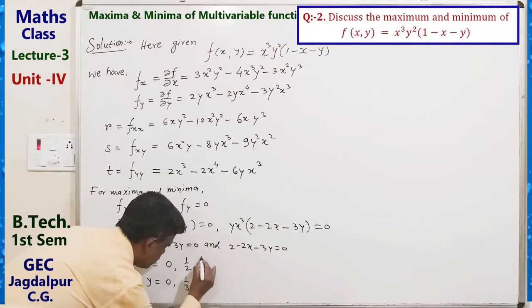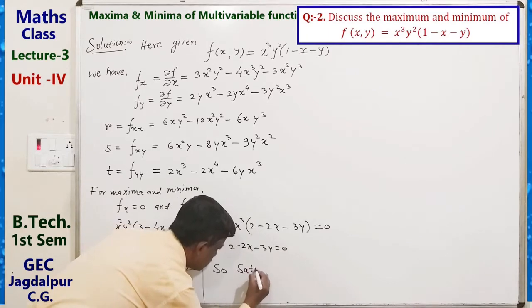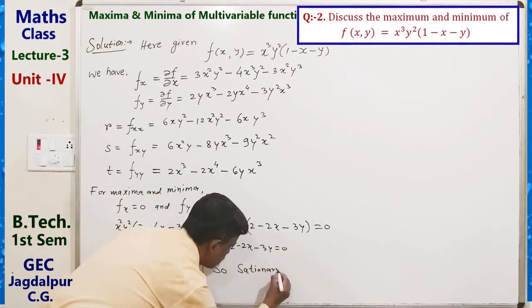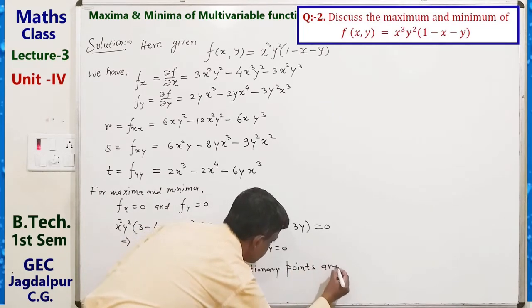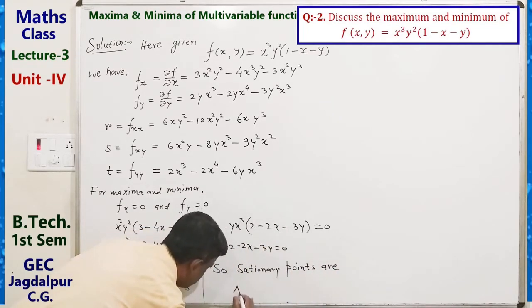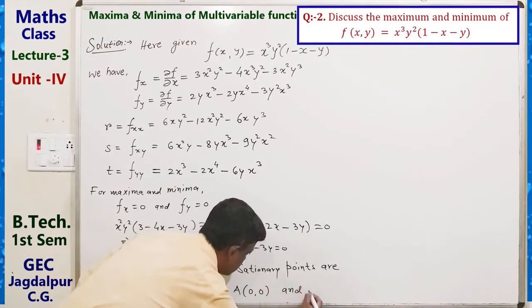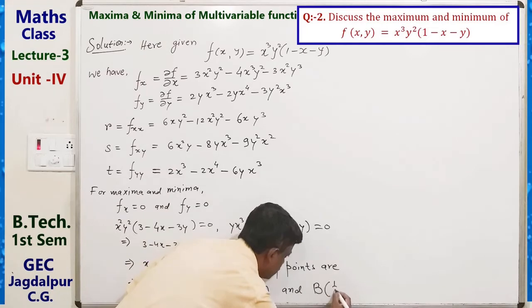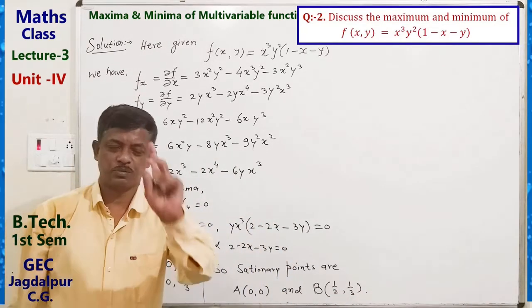So the stationary points are A 0, 0 and B 1 by 2, 1 by 3. These two are stationary points.